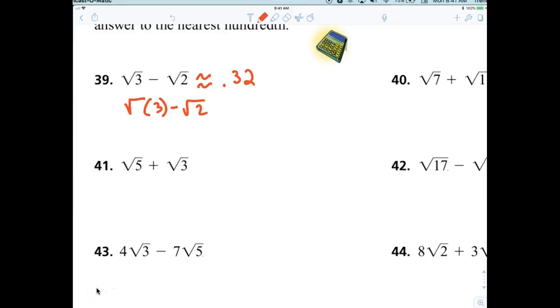Yeah, mine doesn't have any. Yeah, they're better, actually. So if you have to push to the right to get out from under the radical, also, please be careful. Look, it's just a calculator, okay? Square root of 3, push over, minus the square root of 2. 0.317.